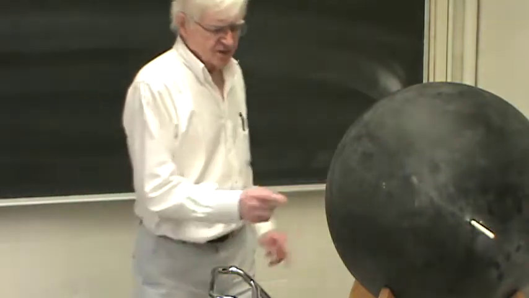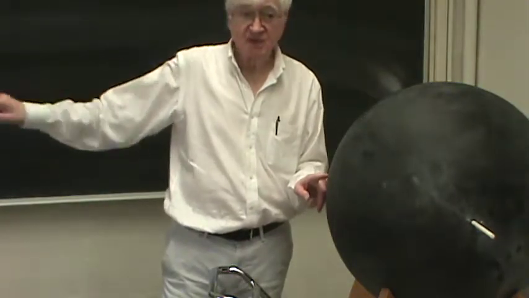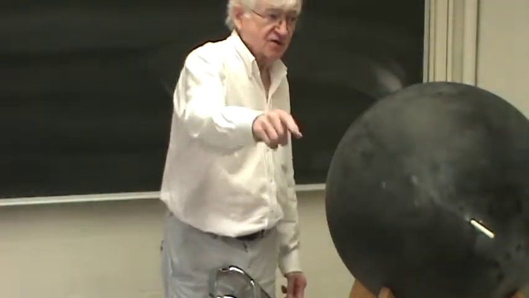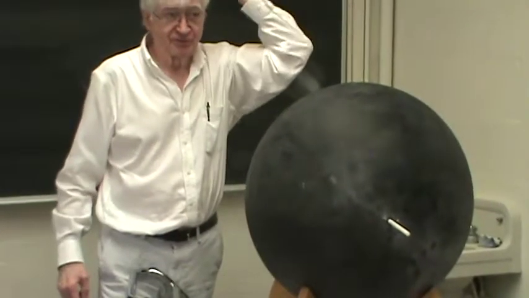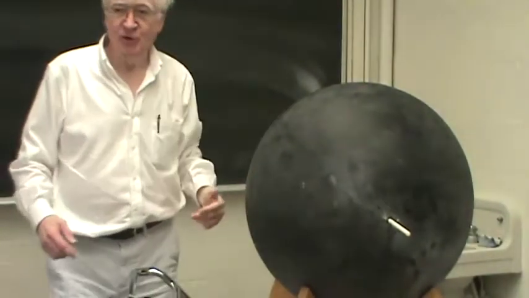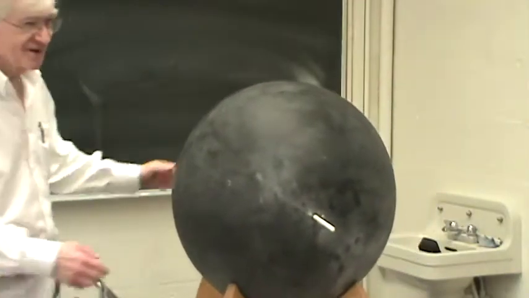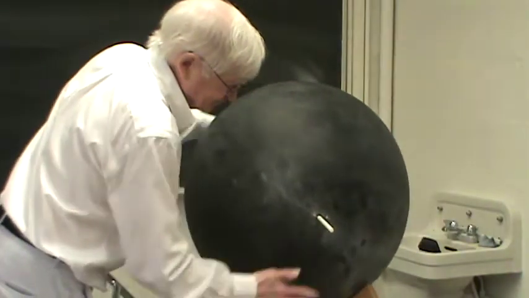Okay. So the x-axis is this way. The y-axis is out toward you, and the z-axis is vertical. I think that's a stable z-axis. Okay.